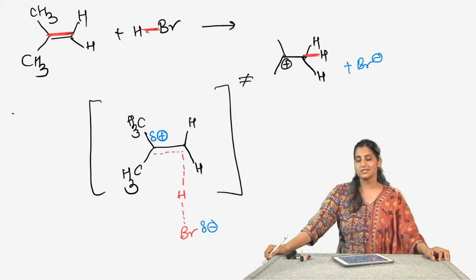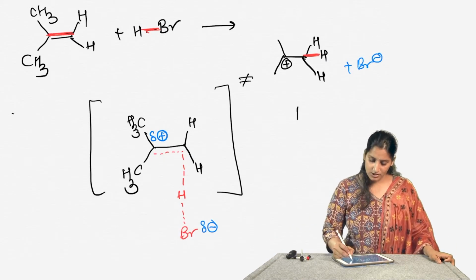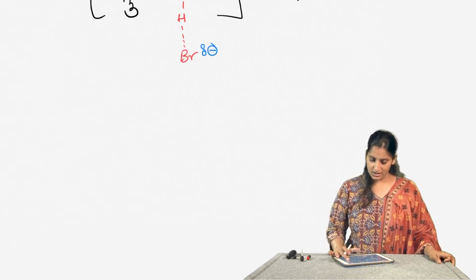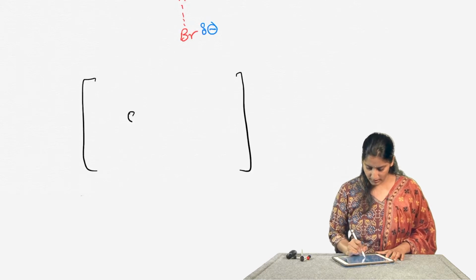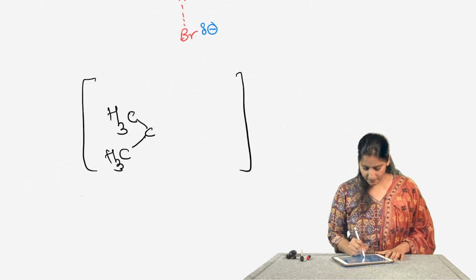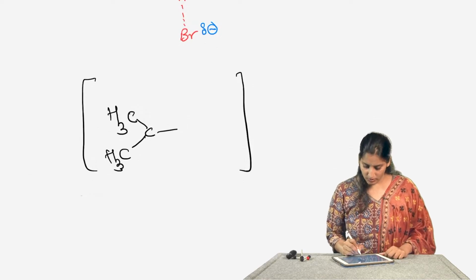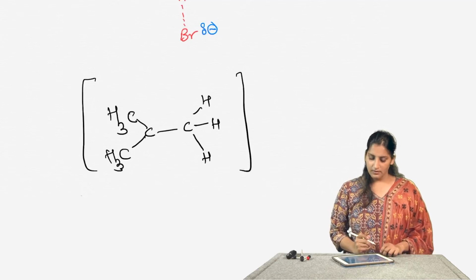What will be the transition state for the second step? Now, in the second step, we have addition of bromide, right. So, the transition state for the second step is going to look somewhat like this, and I am going to draw it. You can try drawing it and match it with the thing that I am drawing here. So, in the second step, we have formed this carbon-hydrogen bond completely. So, that goes there.